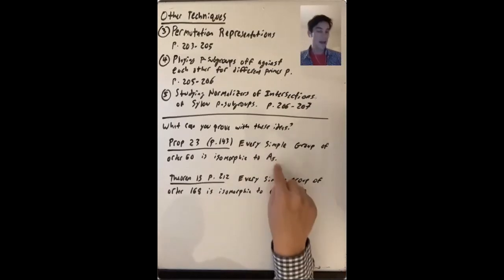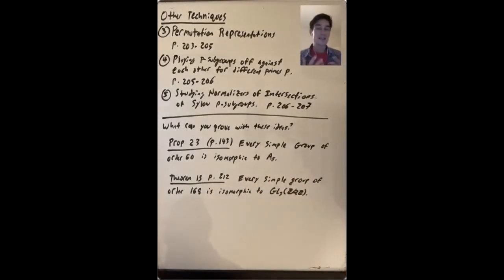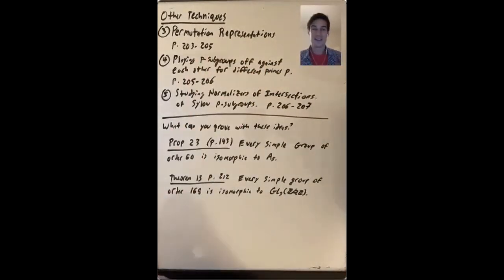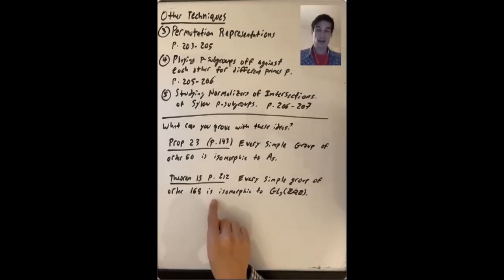So this statement that every simple group of order 60 is isomorphic to A5, we basically have the tools to do this now. This does involve a little bit more about this permutation representation idea, but this is something that you could understand if you read the proof without much additional effort. This statement about simple groups of order 168 really is significantly more complicated.